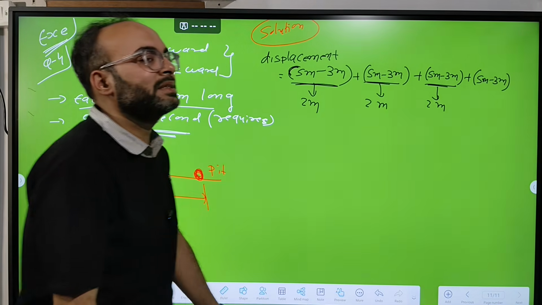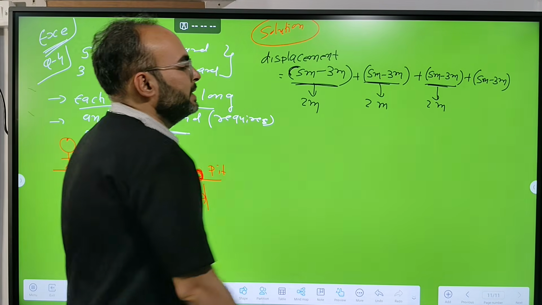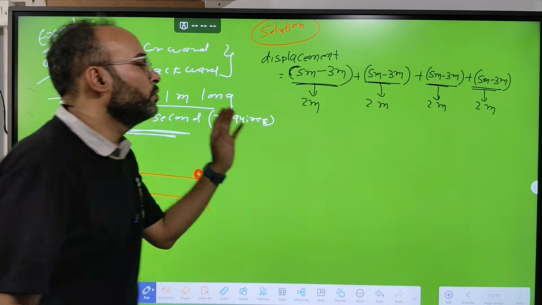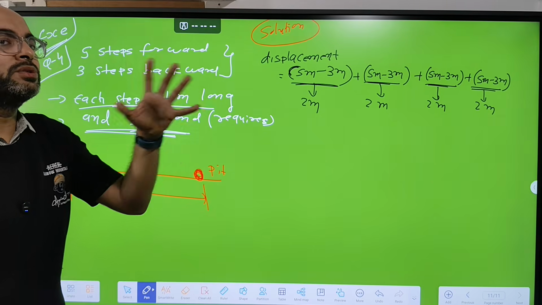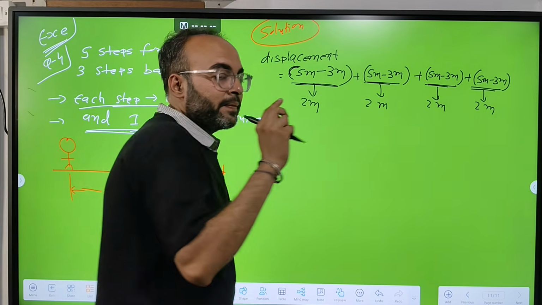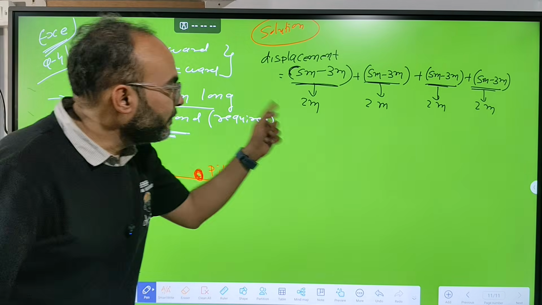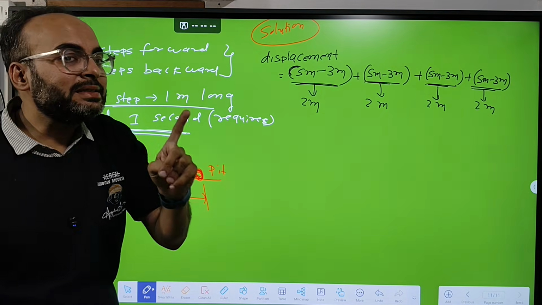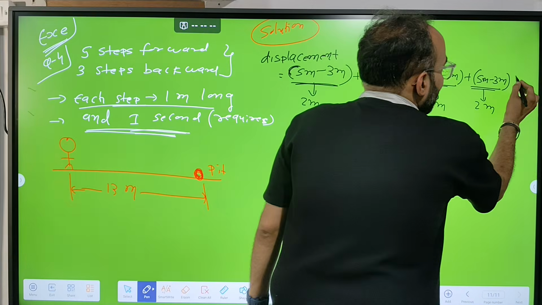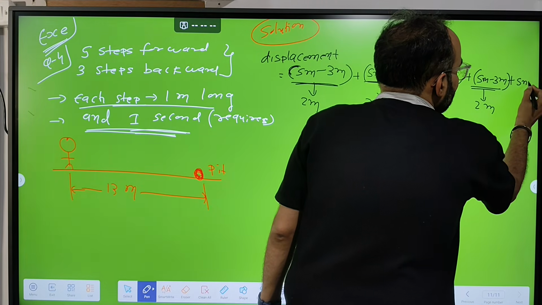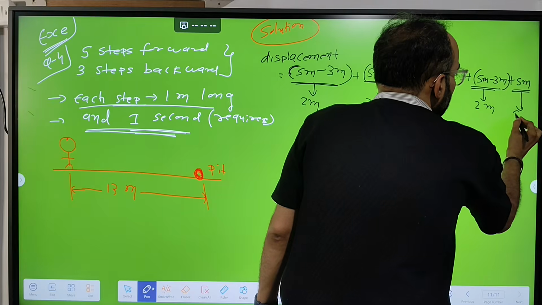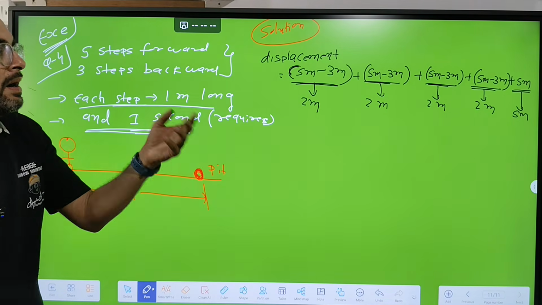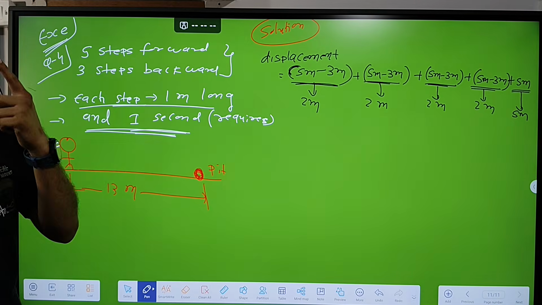Why minus? Because 3 steps backward, 5 steps forward. Okay, so now what is the total distance towards the pit? 2 plus 2 plus 2 plus 2, total 8 हो गया. After 8 meter, 5 step forward, so total हो गया 13. अभी माइनस मत करो, यहाँ पे स्टूडेंट्स यही गलती करते हैं, 5 - 3 करेंगे तो आंसर रॉन्ग हो जाएगा.